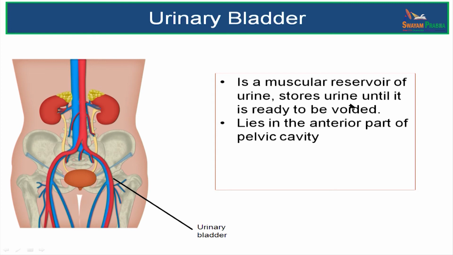It is going to store the urine until it is ready to be voided. So, what is the location of urinary bladder? You can see in this picture, this is the pelvic cavity. The urinary bladder is located in the anterior part of the pelvic cavity.